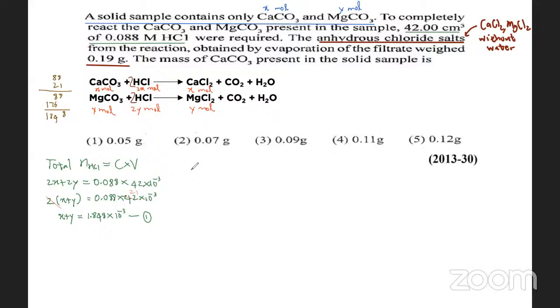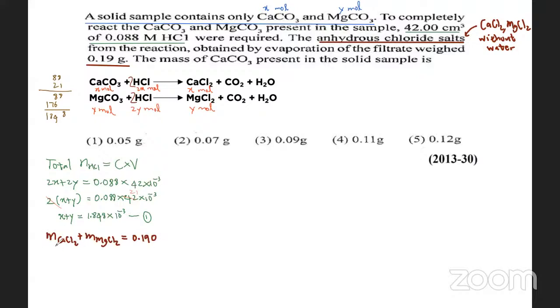Okay, and then they have given the other information. That is the one I have mentioned in maroon color. What is it? The mass of anhydrous chloride salts, that is 0.19. So we can say mass of calcium chloride plus mass of magnesium chloride is equal to 0.190. Because I have 3 decimal places and I'll go with this.